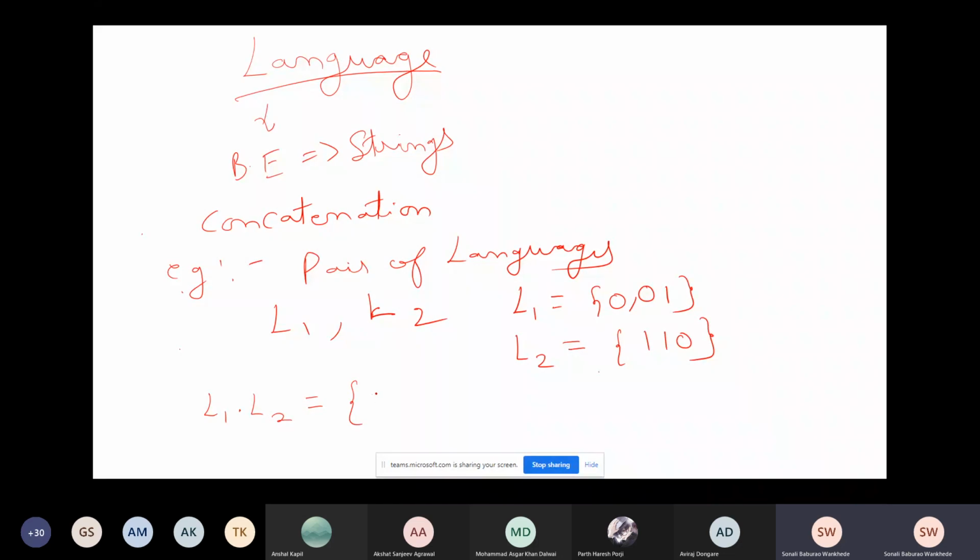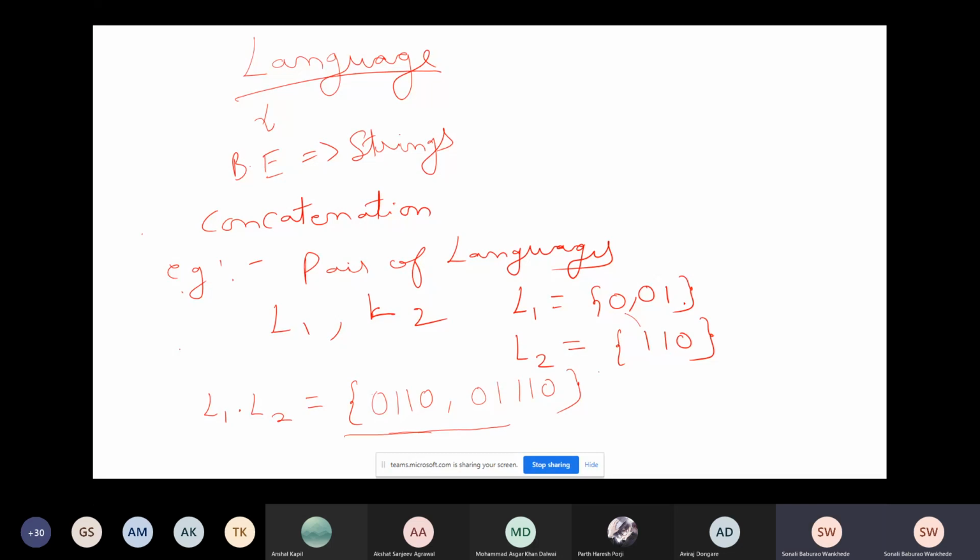My answer will be 0110, and 01110. Try to understand it. 0 concatenated with 110 will be 0110. Similarly, 01 with 110 will be 01110. So this is the answer of concatenation. You will concatenate the two languages.